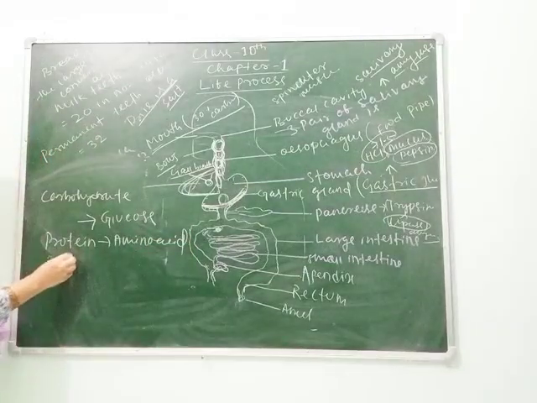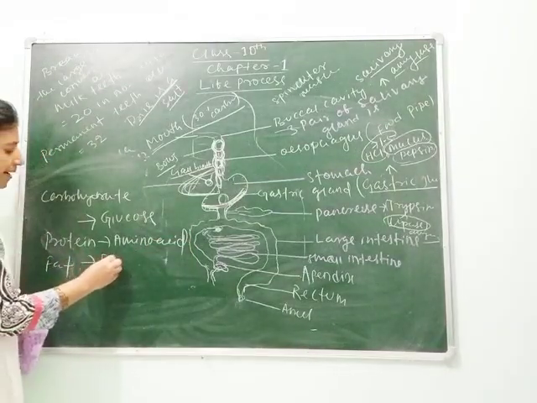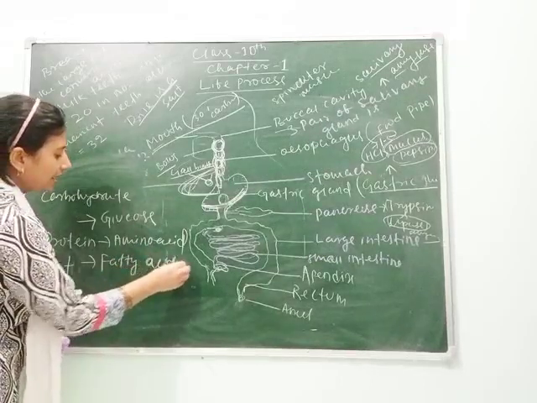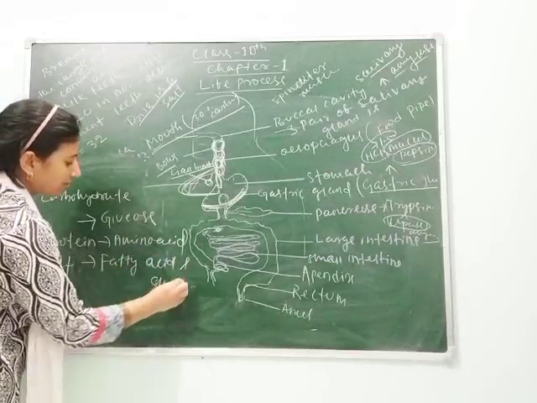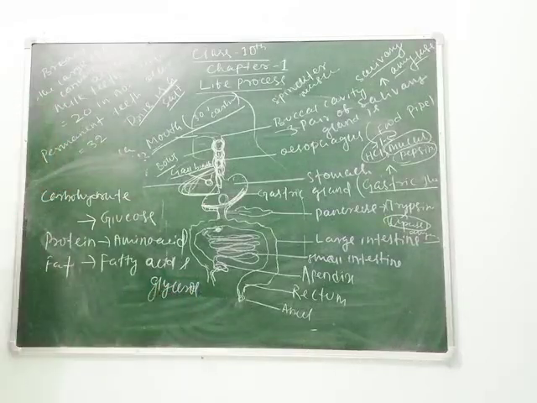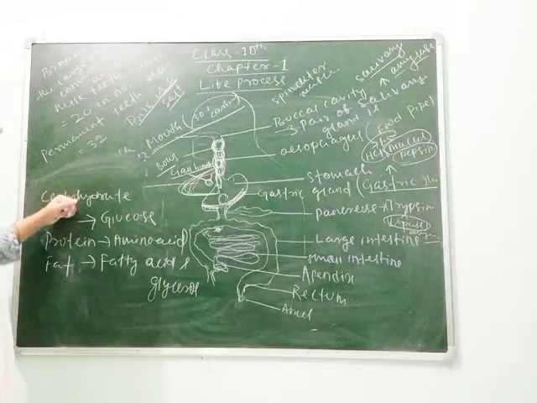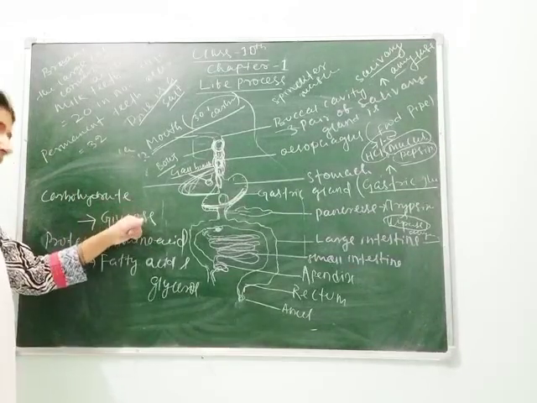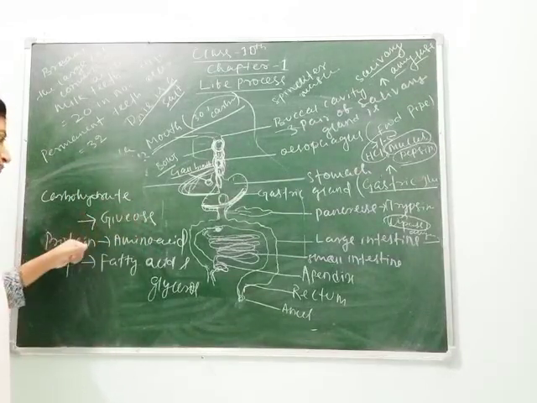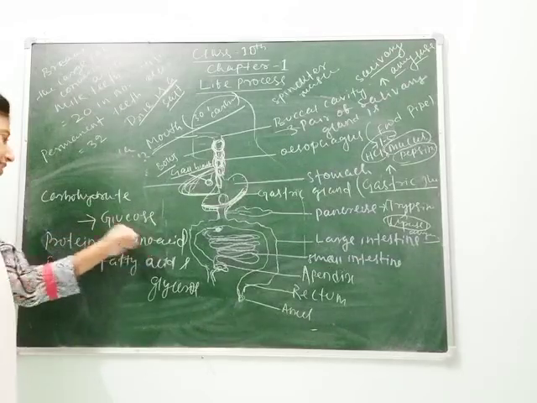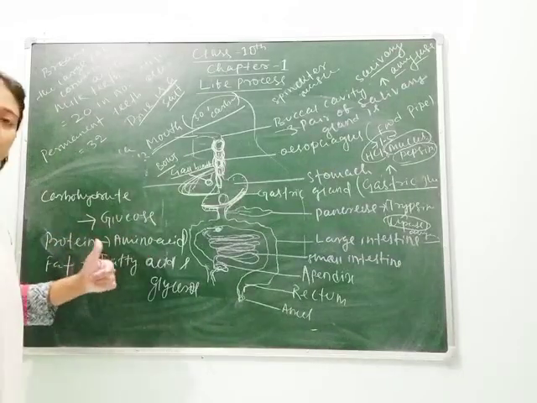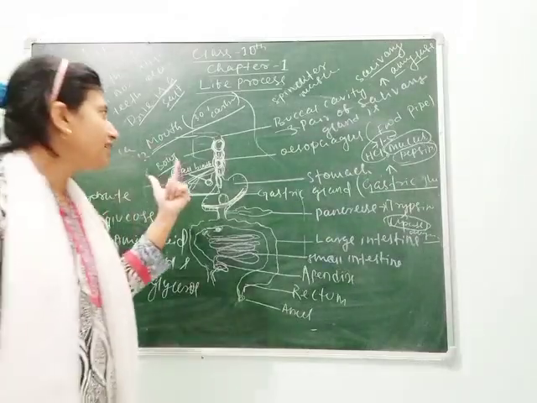Then fat is digested into fatty acid and glycerol. Clear students? So in the small intestine, carbohydrate gets converted into glucose, which is the simpler form of carbohydrate and can be digested easily. Protein gets converted into amino acids, and fat gets converted into fatty acid and glycerol, which are the simpler forms of the foods which we have taken through the mouth.